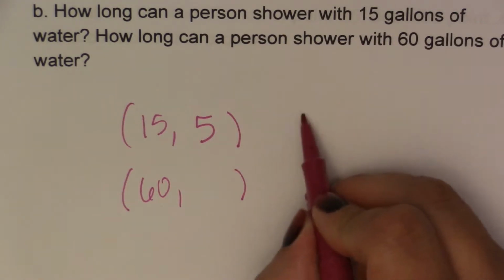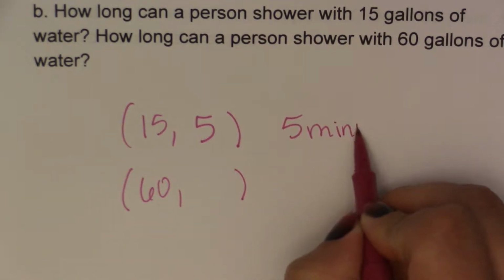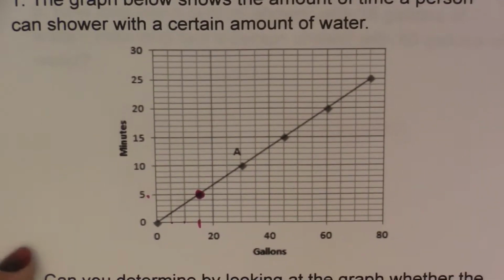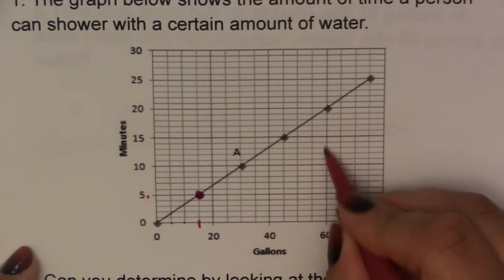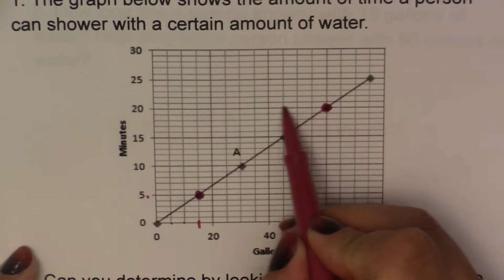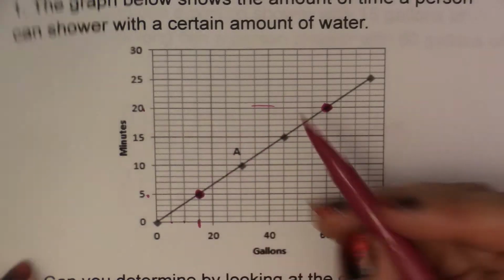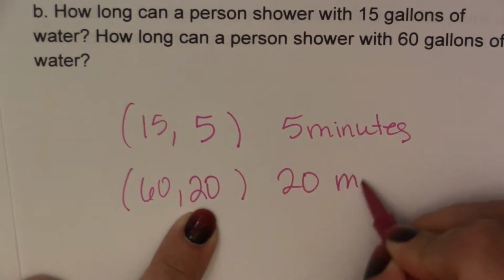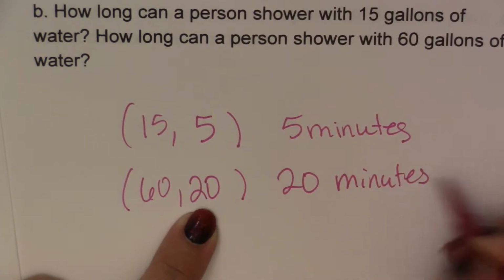So the answer to this first one would be 5 minutes. And then we're going to go up here to 60 and all the way up, and they have a dot there as well. So if we follow that over, it is 20. So this point would be 20, so 20 minutes.